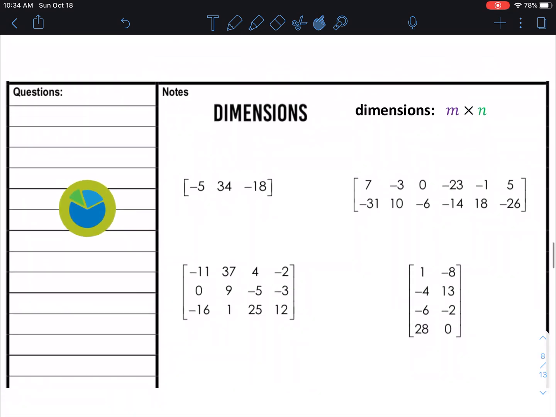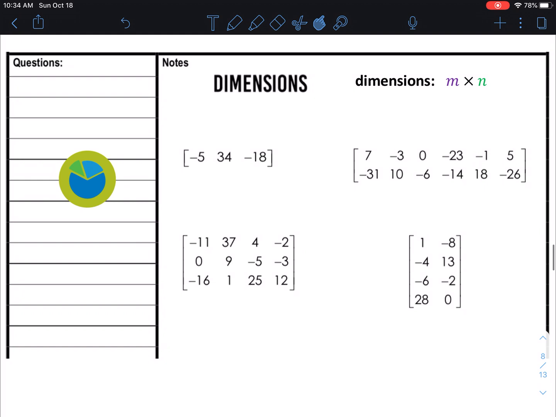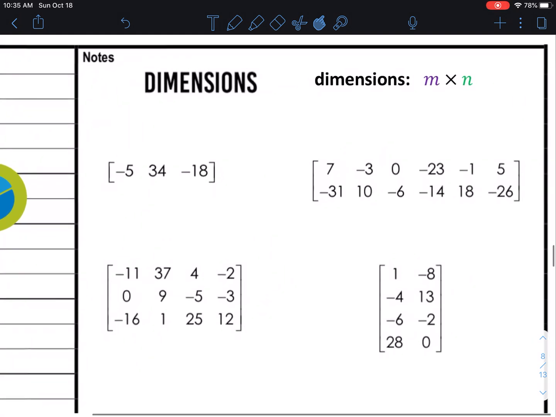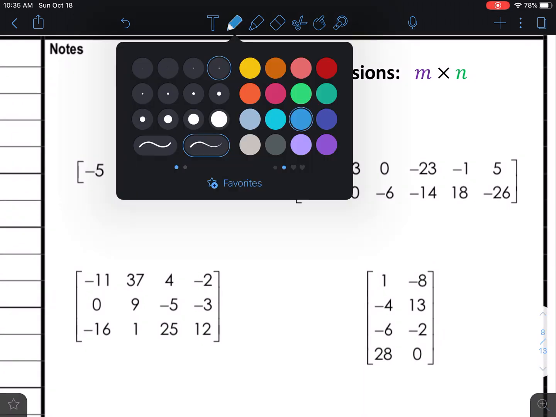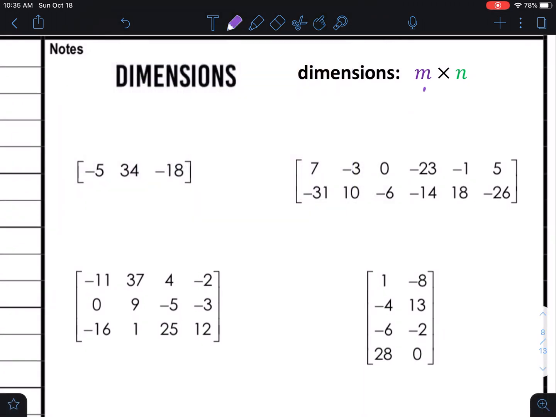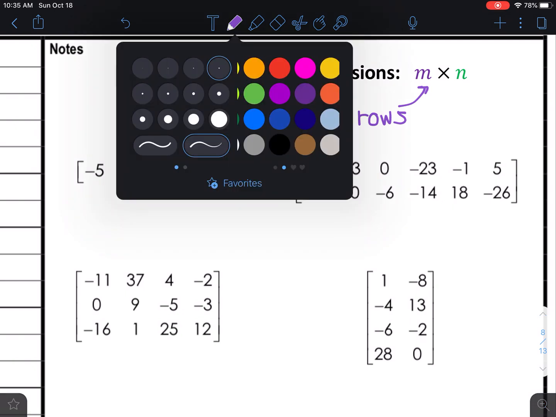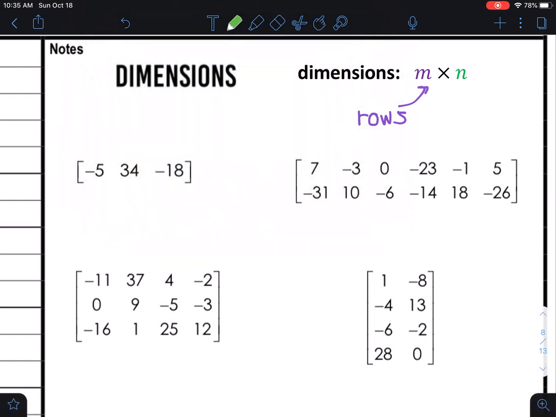All right, so as I just said, the dimensions of a matrix are M by N. And let's dive into that a little bit further. We always state this would be your rows, and this is going to be your columns.